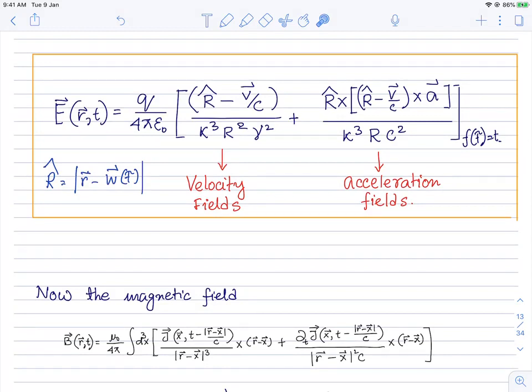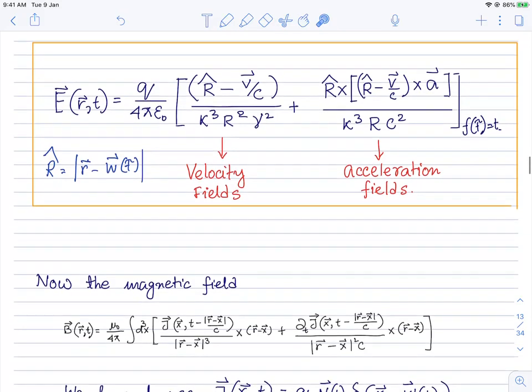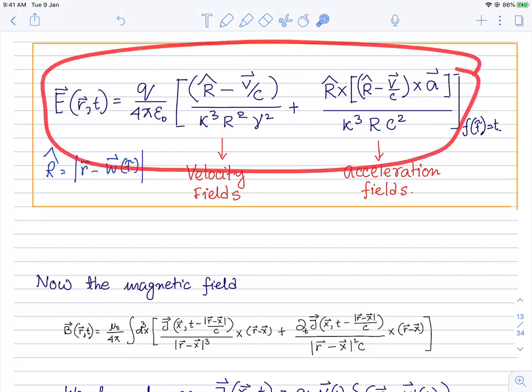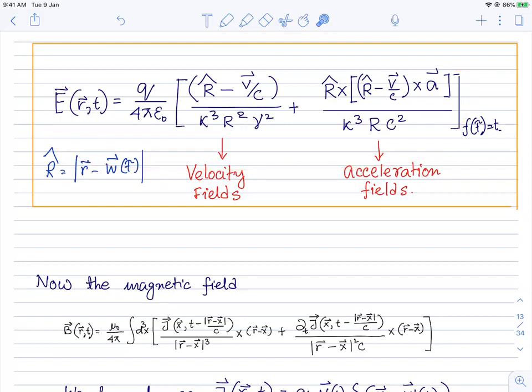I encourage you to look at any book and see what the electric field looks like for this moving point charge, say if it is moving at a constant velocity, or if it is accelerating. Almost all the books that I have referred to have this picture, except I think Landau Lifshitz.